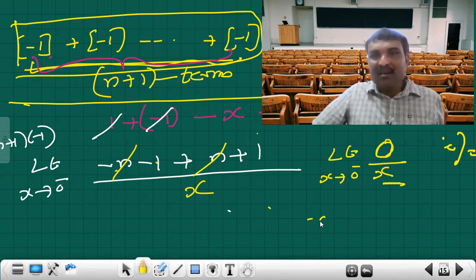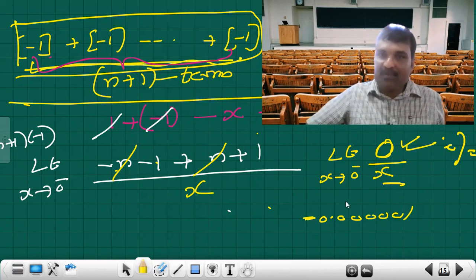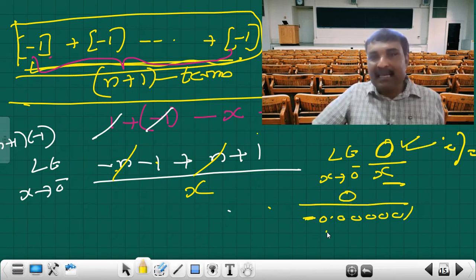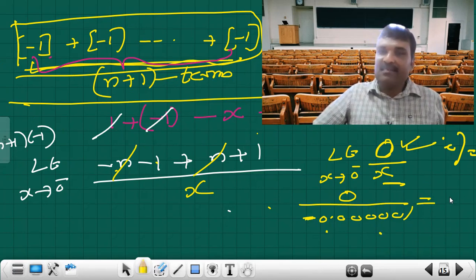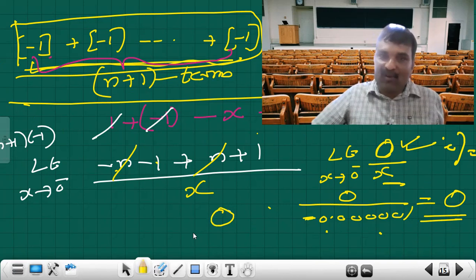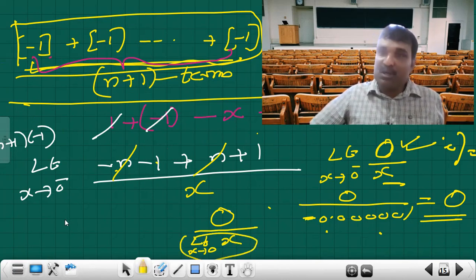The limiting value of x is something like minus 0.00001, so the numerator is exact 0. We have exact 0 divided by limiting 0, so the value is 0. The concept is exact 0 divided by limiting 0. The limiting value of 0 is not exact 0.